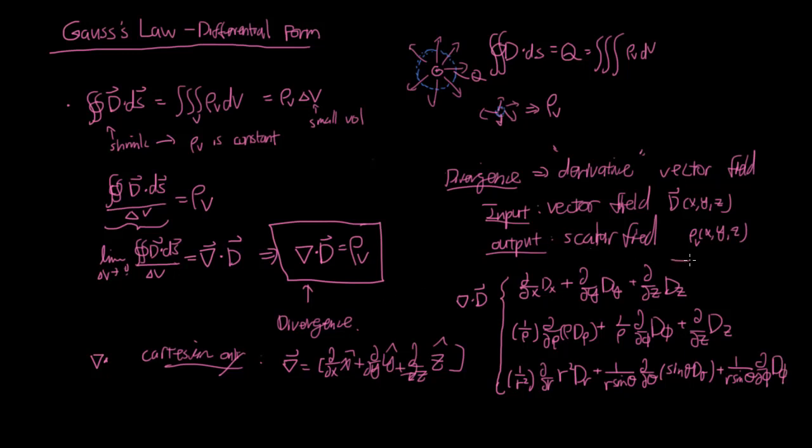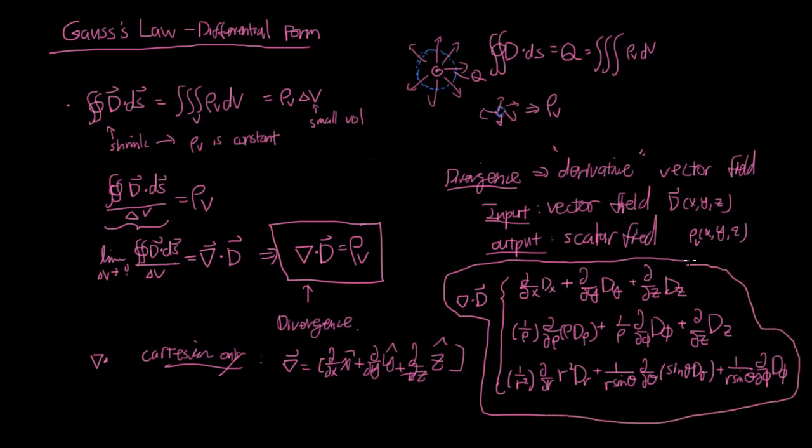So between the cylindrical and spherical coordinate systems, the formula for divergence is a little bit uglier, but this is the formula you plug things into to power through it. In many cases, as you solve problems in this class, a lot of these components might end up being 0, so it's a little easier.